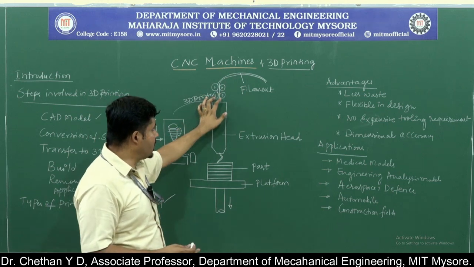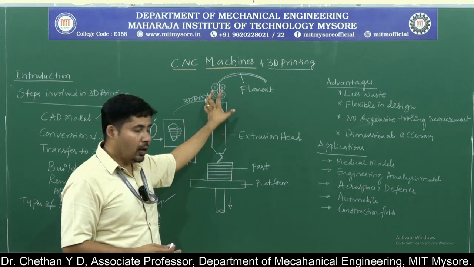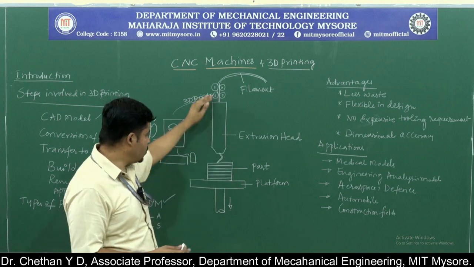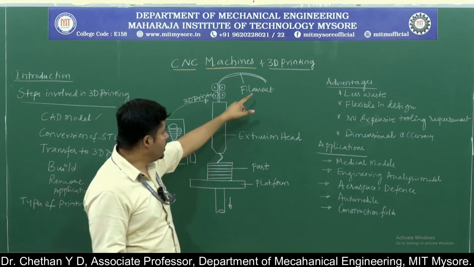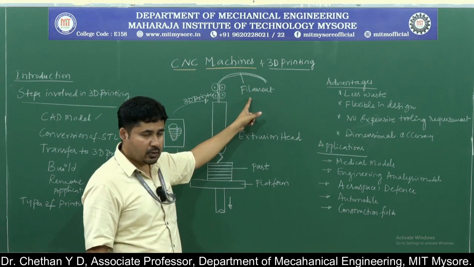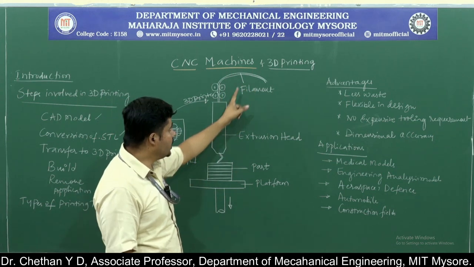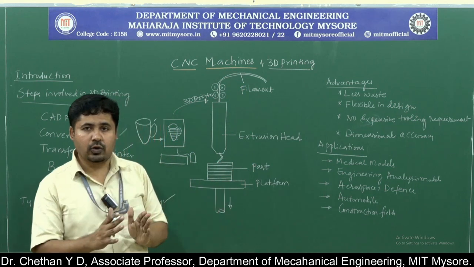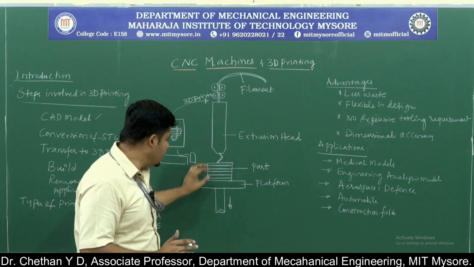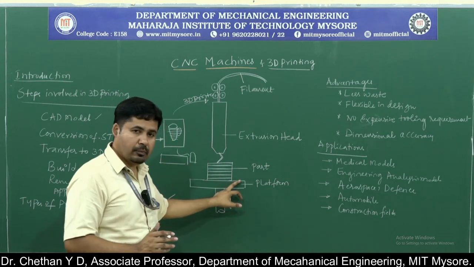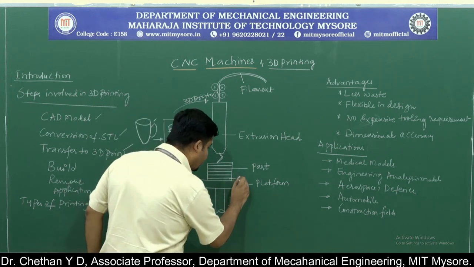It has rollers to guide the filament to the extrusion head, or nozzle, which has a heater. As you feed the filament to this extrusion head, the solid filament gets converted into molten material. That molten material gets deposited on the platform. So this is the first layer.